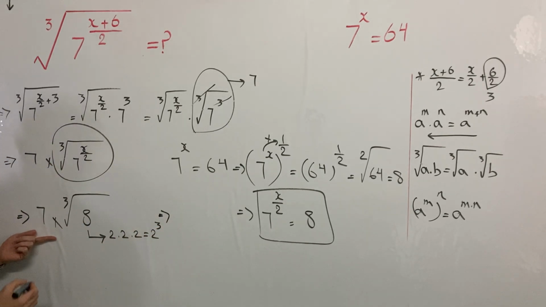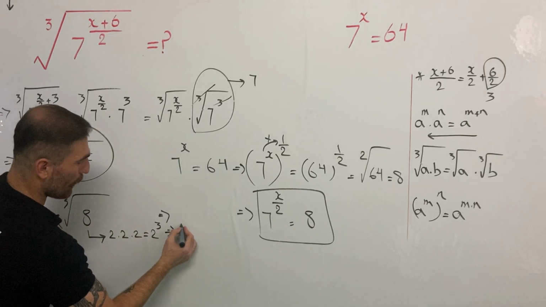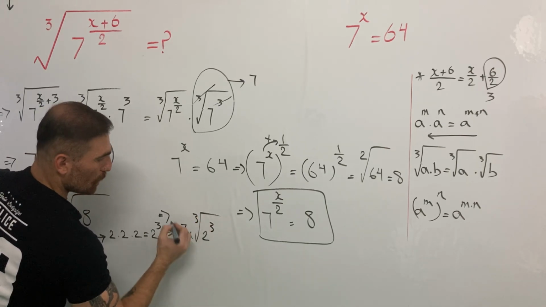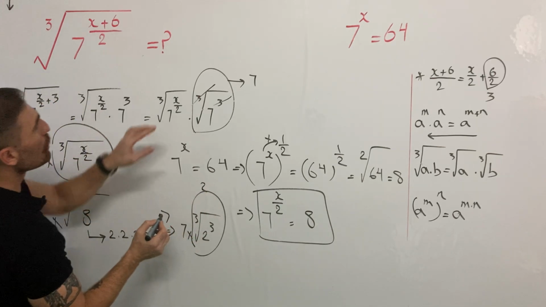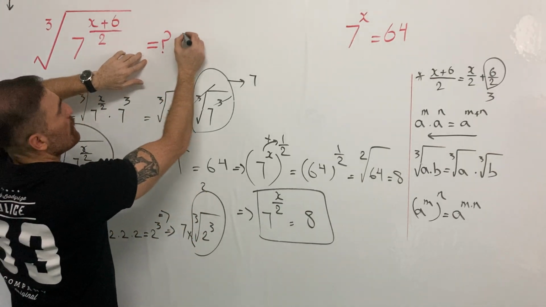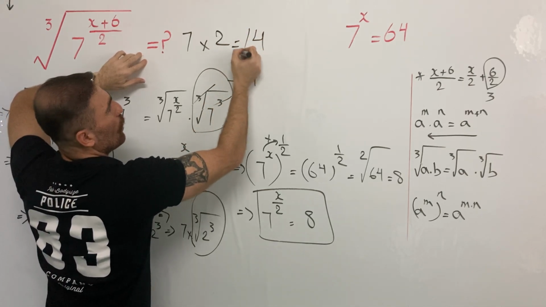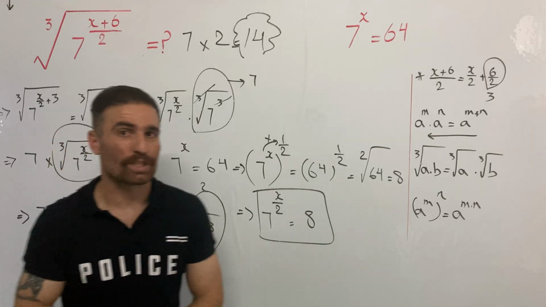So we have 7 times the cube root of 2 to the power of 3. You know the value of this is 2. So the final answer is 7 times 2, which means 14. And this is the most simplified answer of our question.